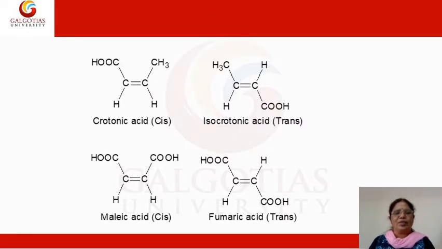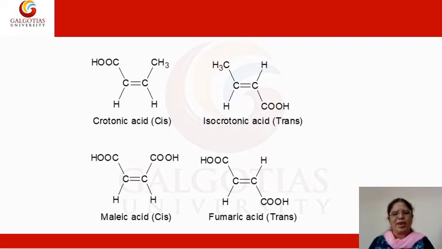Another example is crotonic acid and isocrotonic acid. Crotonic acid is this, as the two hydrogen atoms are on the same side of the double bond, and in isocrotonic acid the two hydrogen atoms are on opposite sides of the double bond. Then maleic acid and fumaric acid.